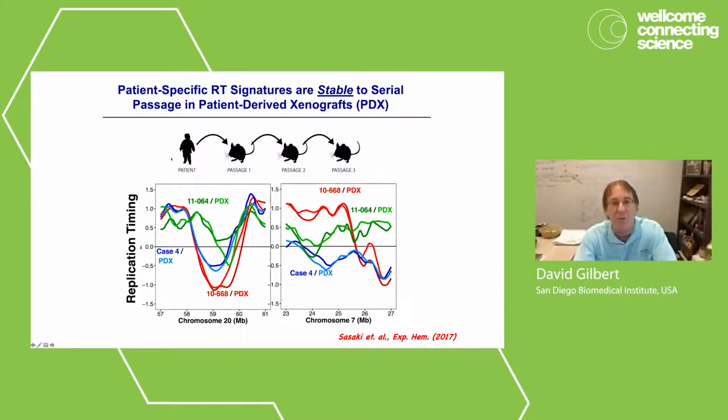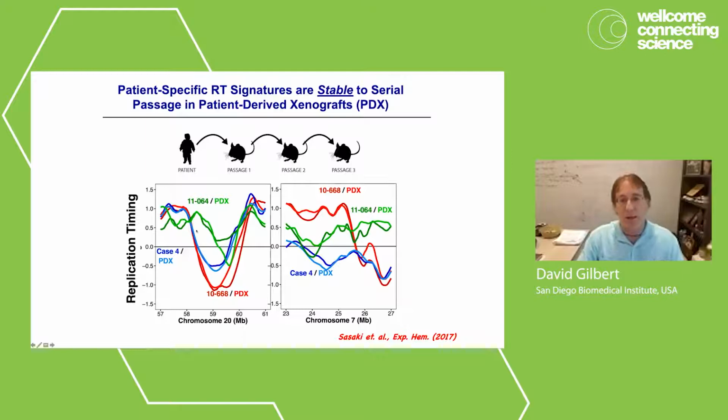We've done 2 things to address this. One is to take the patient samples and passage them serially through 3 different patient-derived xenografts, and then query the replication timing profiles at each passage.